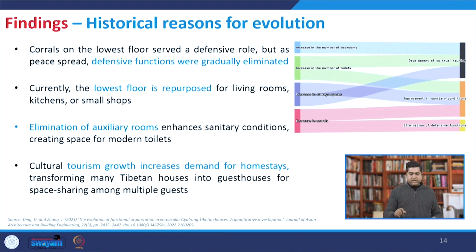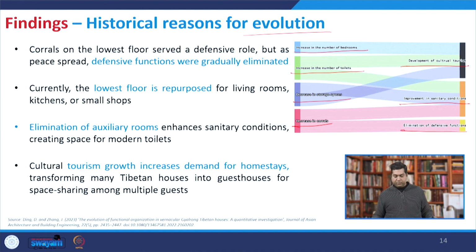Now the historical reasons for evolution. There are certain reasons that the authors have identified, like increase in the number of bedrooms, increase in the number of toilets, decrease in storage spaces, decrease in corrals, development of cultural tourism, improvement in sanitary condition, and elimination of defensive functions.